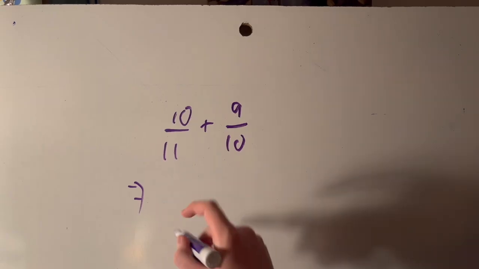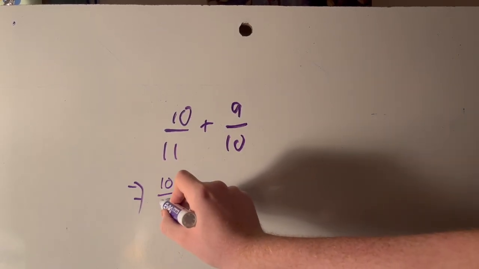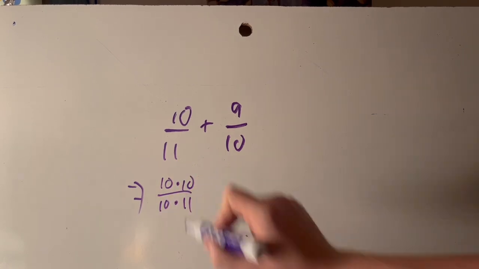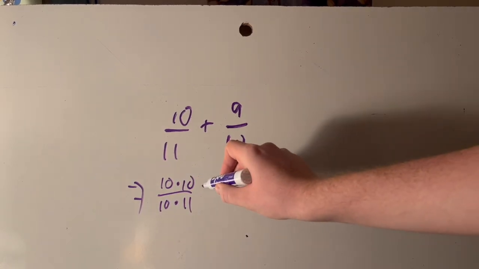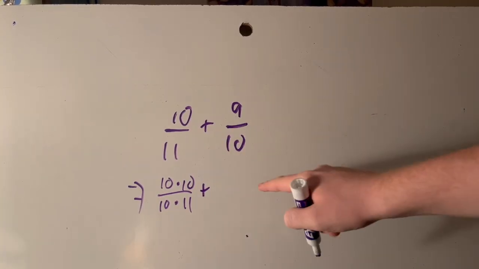That's going to give you 10 times 10 over 10 times 11, and plus this part, right, the right side fraction.